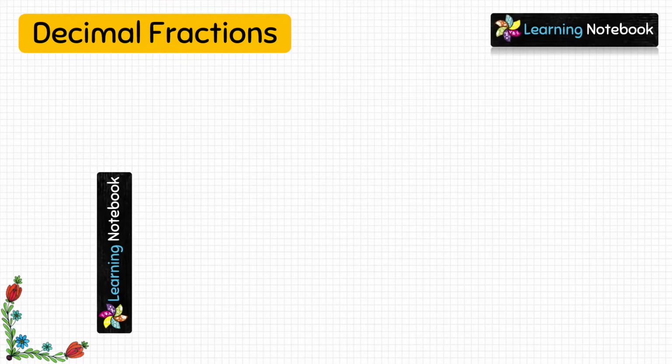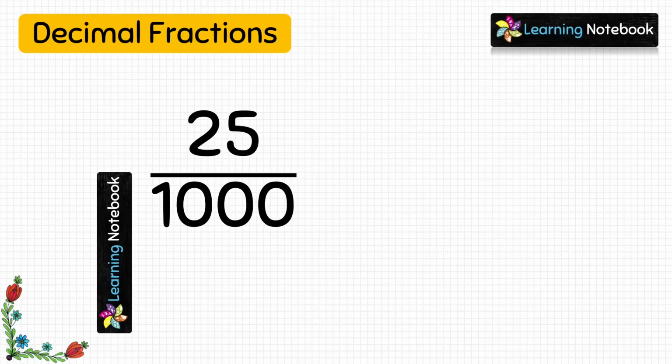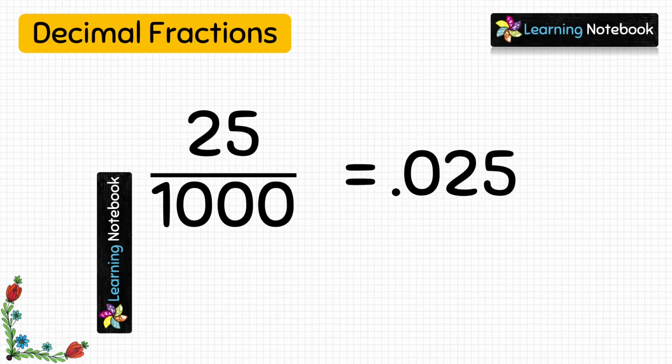Now if we color 25 parts of this sheet, then the fraction of the colored portion is 25/1000 and its corresponding decimal number is 0.025.